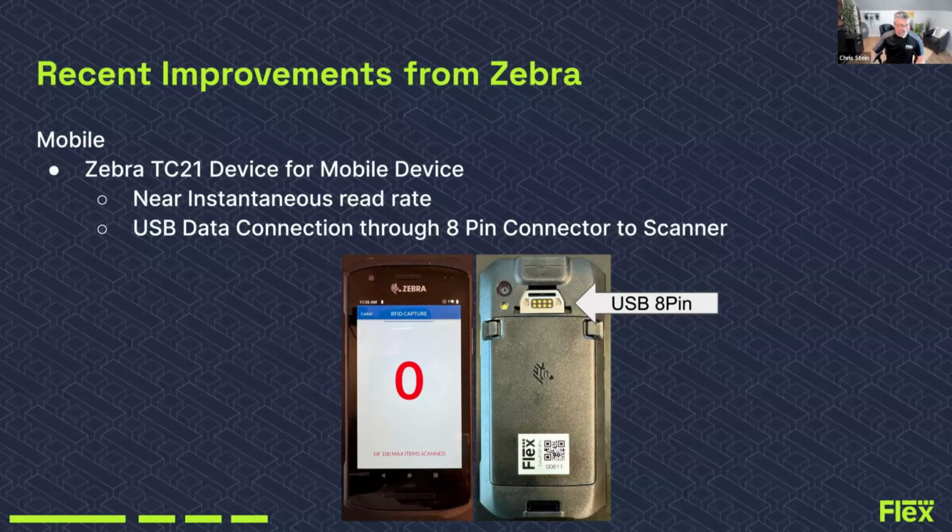Currently, when we've been connecting to the desktop and with mobile products, we're connecting Bluetooth via this to the device. With this USB connection, we are transmitting data captured from here to the device through that 8-pin connector right there. And so what this allows us to do is to get that data much quicker.